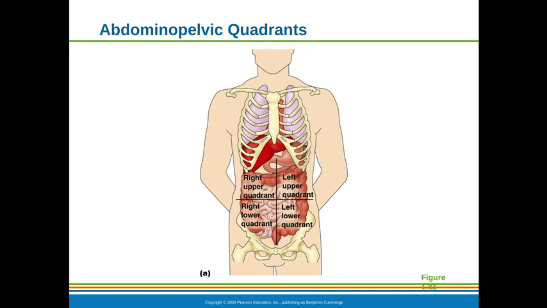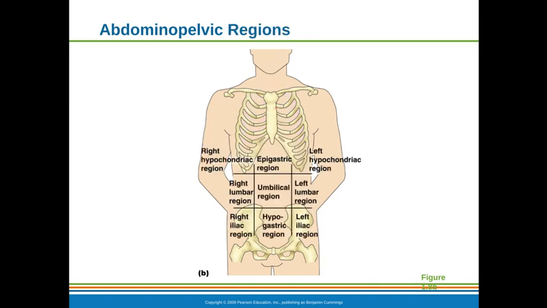So this is a good example right here of seeing how internally or deep in the body, the right and left sides are not identical. However, superficially they may be. Okay, so we also have our abdominopelvic regions. We have the right and left hypochondriac being the most superior, right and left lumbar being the medial, the right and left iliac being inferior.